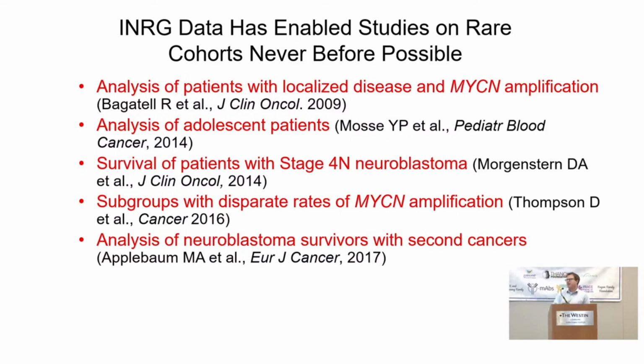But there are many more narrow cohorts of sometimes 60, sometimes a few hundred patients that we could not understand otherwise. Even within Children's Oncology Group or SIOPEN, with these small, rare cohorts, the more data you have, the more you're able to say.